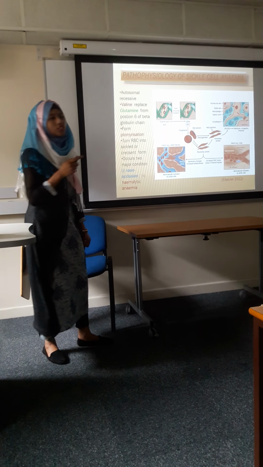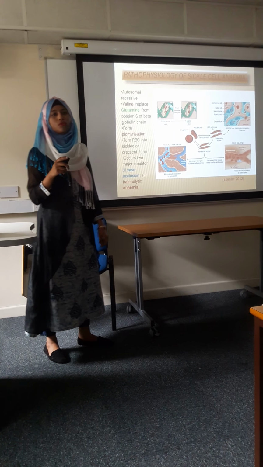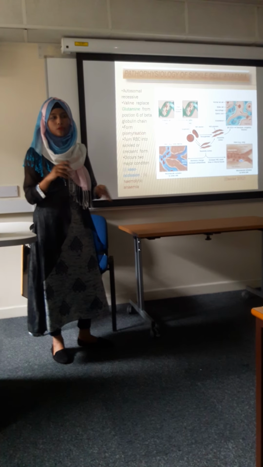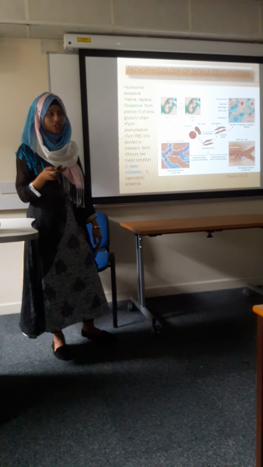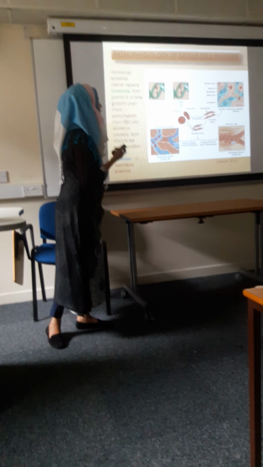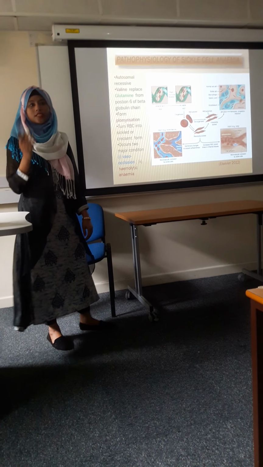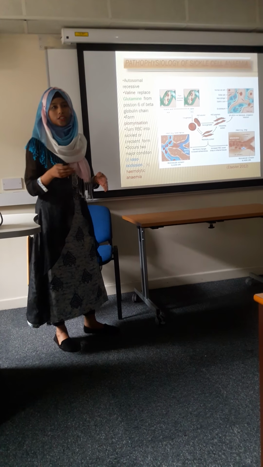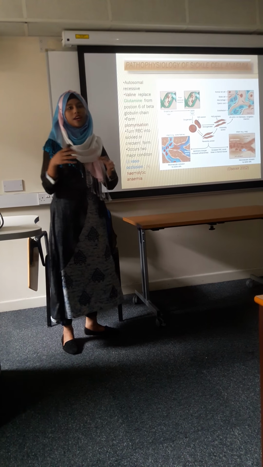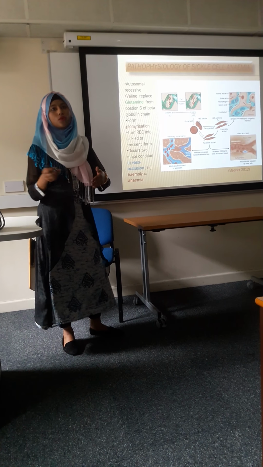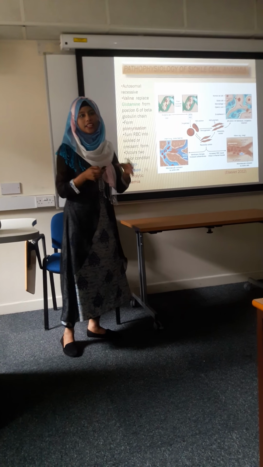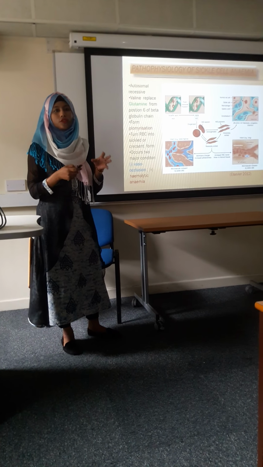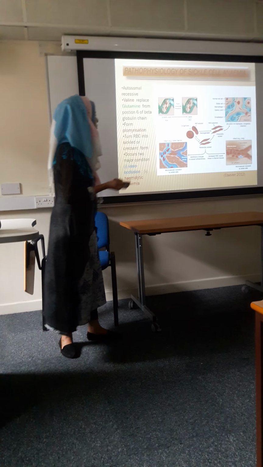The hemoglobin S beta gene has a great affinity to bind with other hemoglobin S beta genes in the deoxygenated situation. In this condition, it turns the normal shape of our red blood cells into a rigid sickle-like or crescent-like shape, and this is known as polymerization.